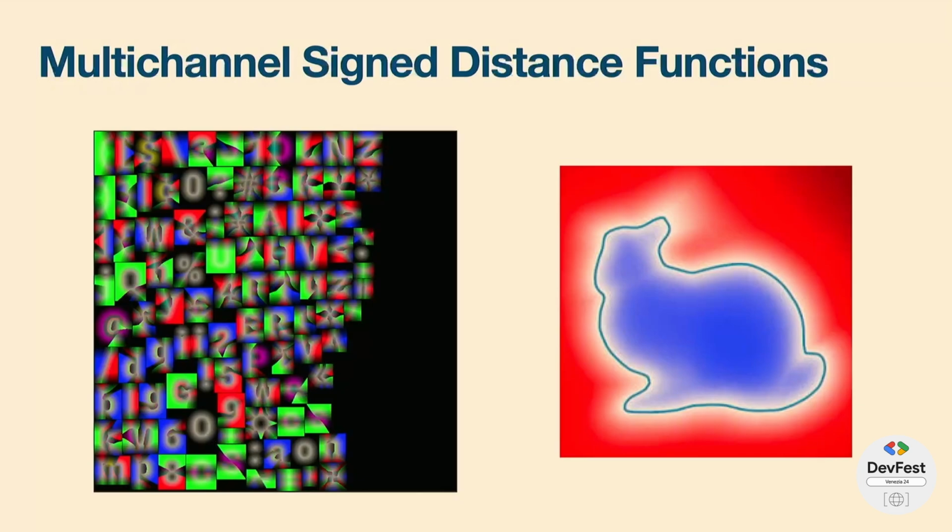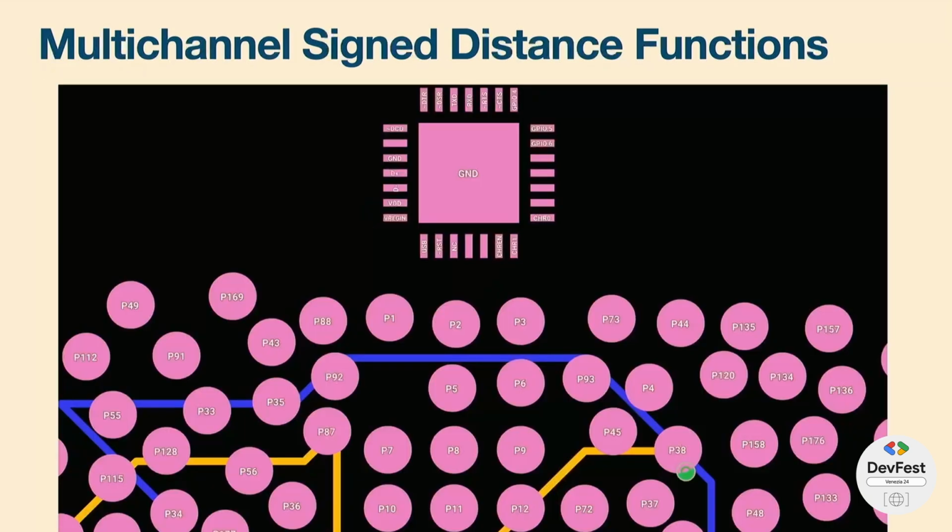The good thing about this way of doing text rendering is that it ends up being extremely crisp, and you can very easily do effects like an outline around it. And with this, we were able to draw hundreds of thousands of characters on the screen without any problem and with very fast performance.